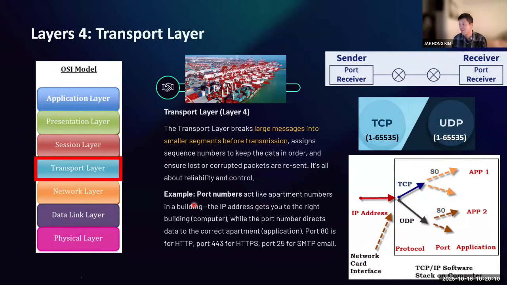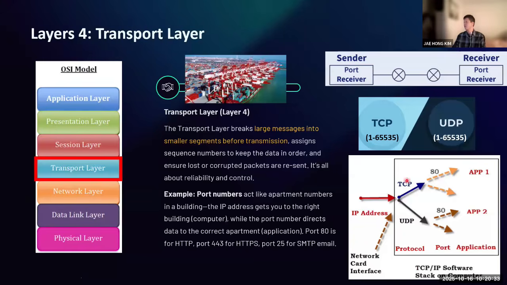The transport layer handles the port numbers. It's like apartment numbers in a building. So the IP address gets you to the right building, while the port number directs the data to the correct apartment, the correct application.